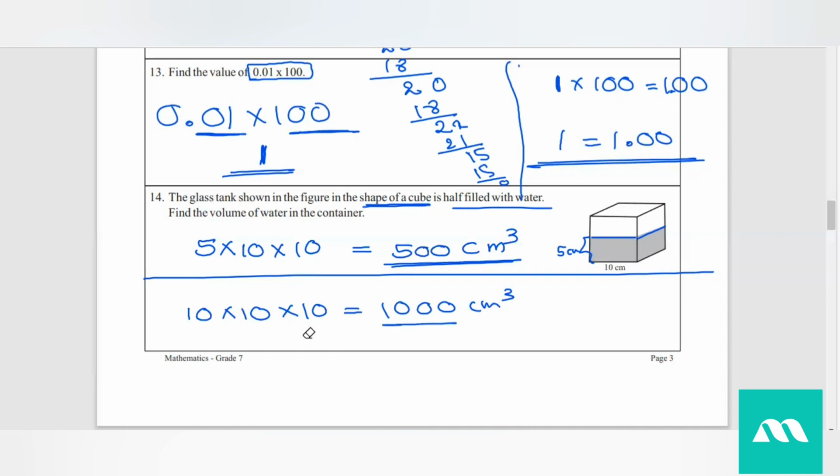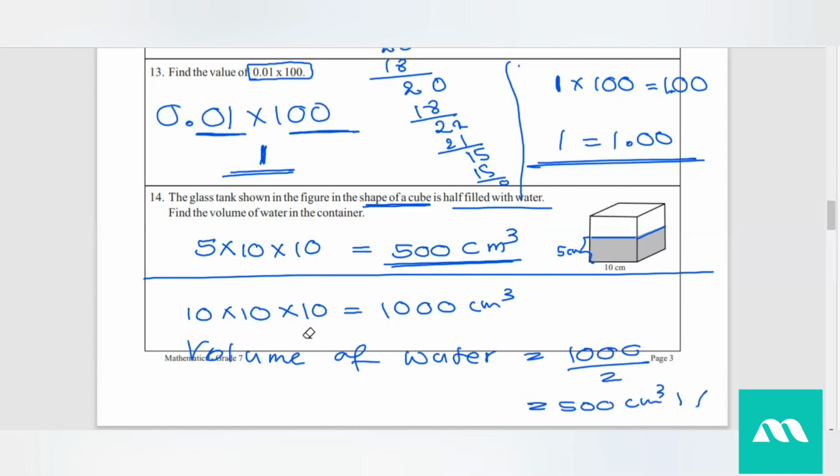Volume of water can be obtained by dividing 1000 by 2. Then the answer is 500 cubic centimeters. Have you got these answers? Yes, teacher.